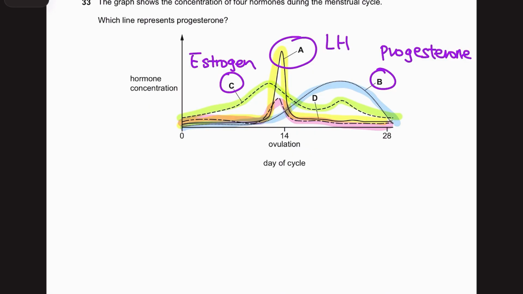Then progesterone helps to maintain the thickness of the lining. Of course you have to thicken it first. That's why estrogen goes up first before you maintain it, which is why progesterone goes up later. That leaves the last one, the pink line, D. D is the last hormone, which is FSH. So these are the 4 menstrual hormones.